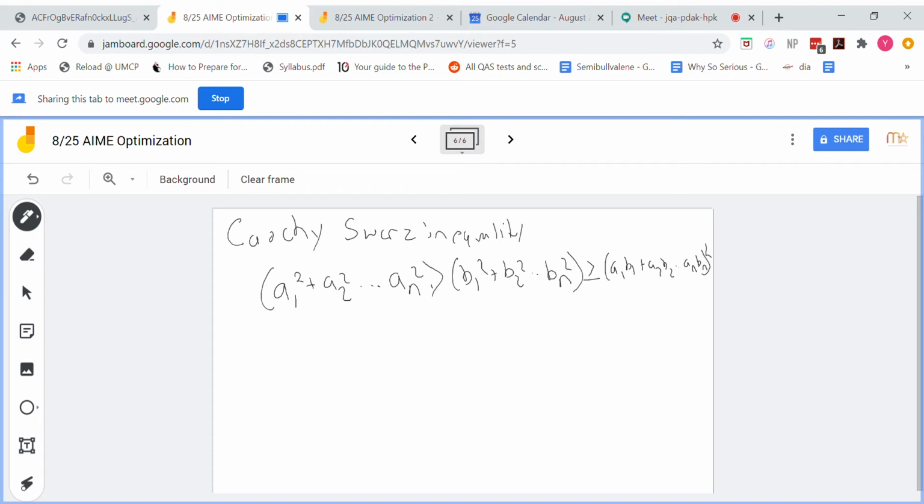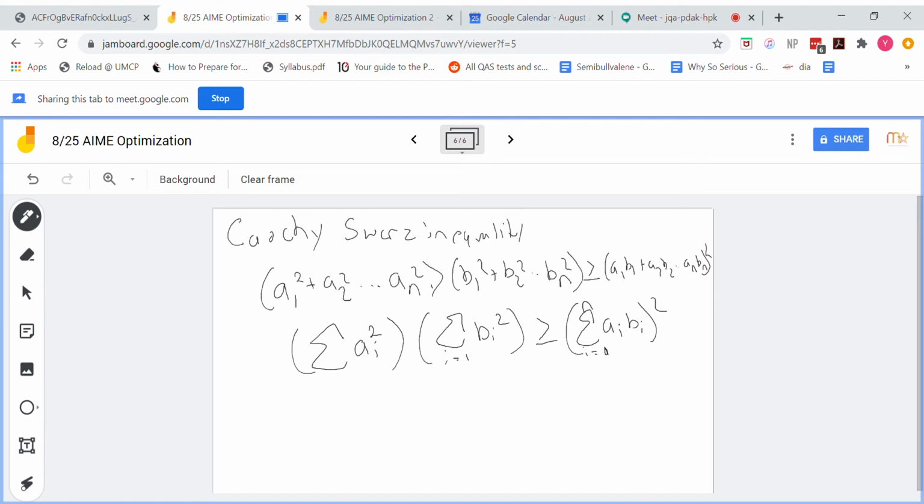So in short form, we can rewrite this as the sum of ai squared times the sum of bi squared is always at least the sum of ai times bi, whole squared, where i equals 1 to n.